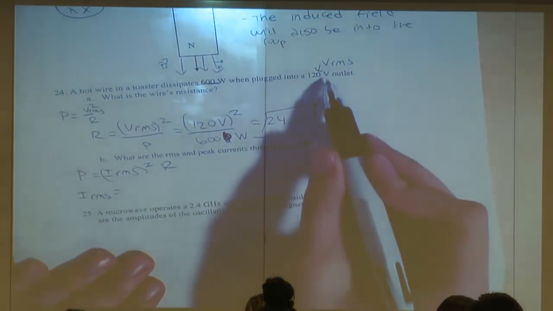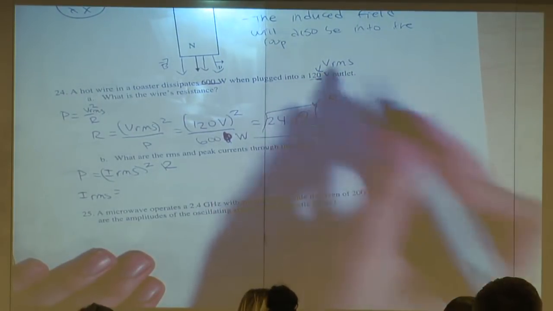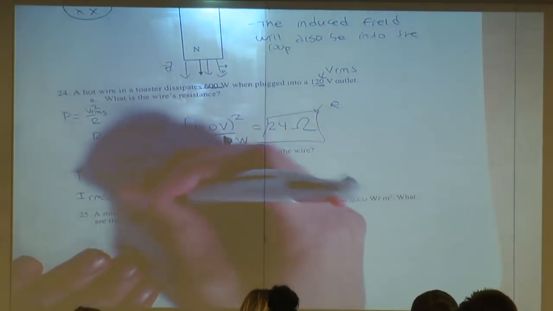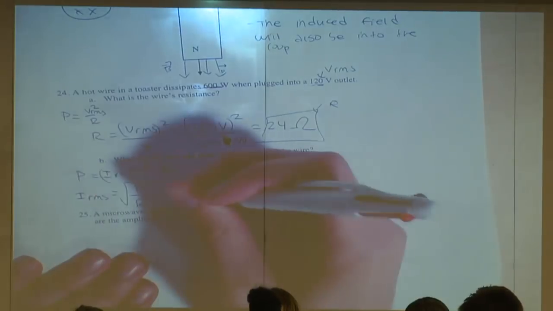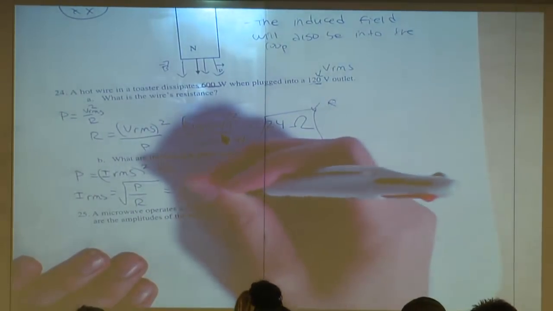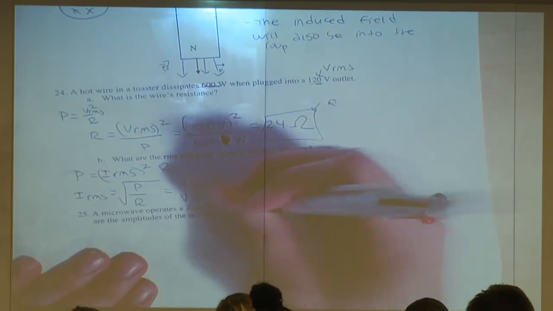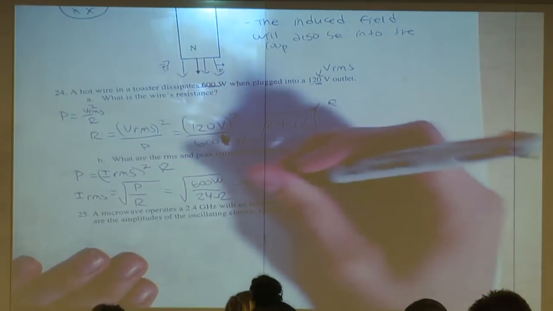I know I didn't say it, but keep in mind, whenever you're given stuff like this, it's the VRMS, not the peak voltage. So the IRMS is going to be the square root, if you rearrange this, of power over R. That's the square root of 600 watts over 24 ohms, which should give you 5 amps. So that's IRMS.